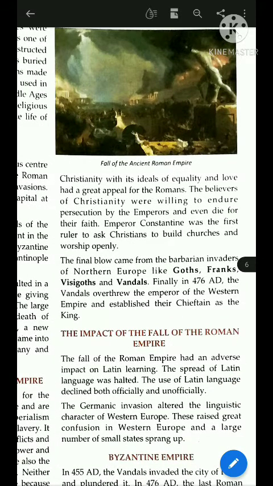The believers of Christianity were willing to endure persecution by the emperors, and even die for their faith.